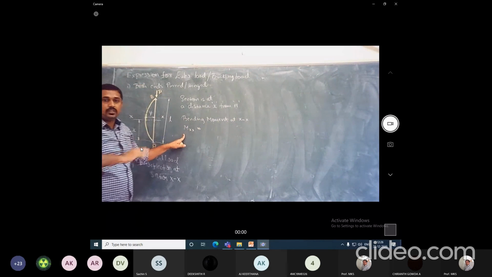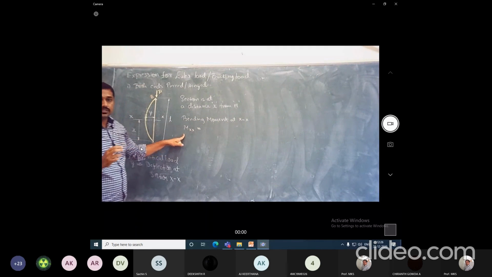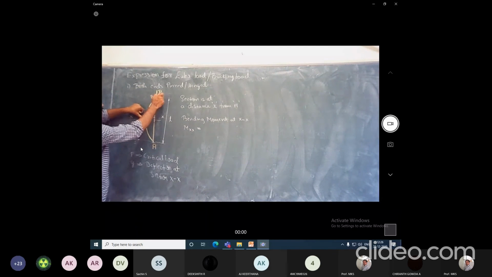Moment is nothing but force into distance. So here the force acting is P, and the distance with respect to this point is y.